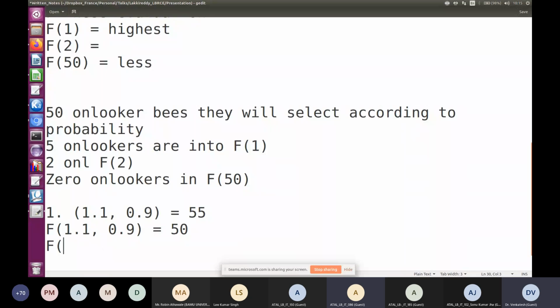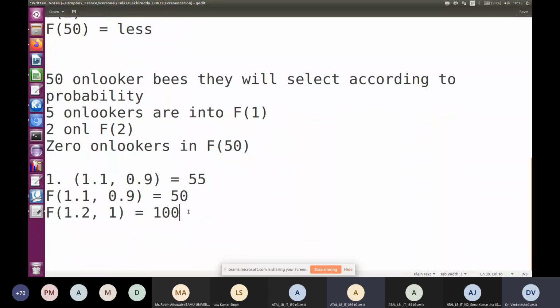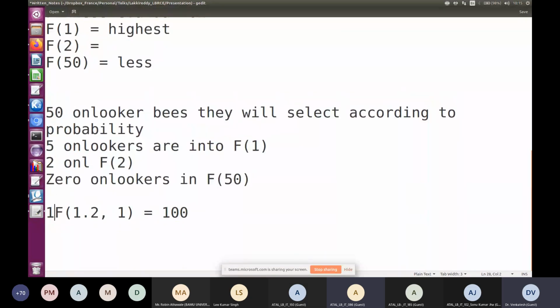It might have changed it to something like 1.2 or 1 itself. Then if the fitness value comes to 100, this 100 is the highest fitness value. So it will forget all the other earlier things, and it will keep only f of 1.2 1 with 100 associated with the first employed bee.